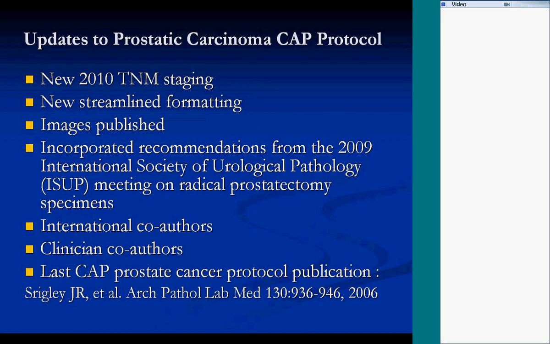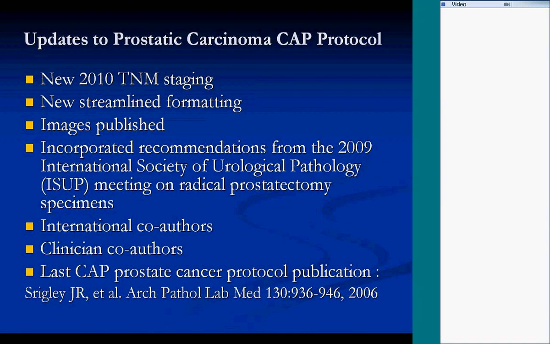So what are some of the updates to the prostatic carcinoma CAP protocol? Well, first of all, new TNM staging has been incorporated into the protocol, so it's very up to date in that regard. There has been an attempt, uniformly across all the cancer protocols, and this was applied to the prostatic carcinoma protocol, at streamlined formatting that made for easier readability and also easier checking off of the various elements.